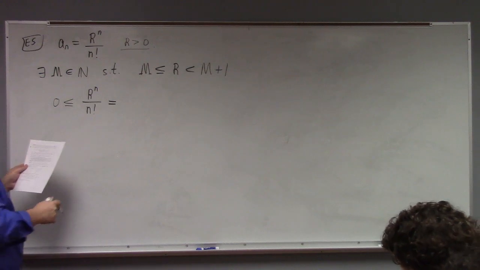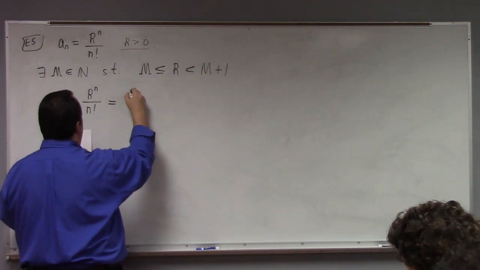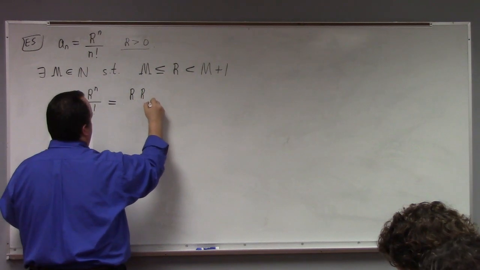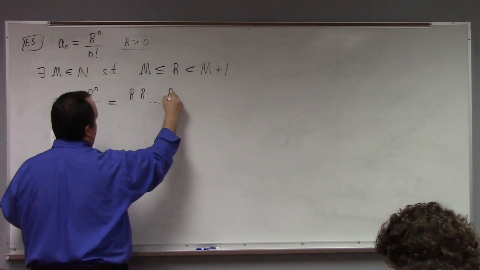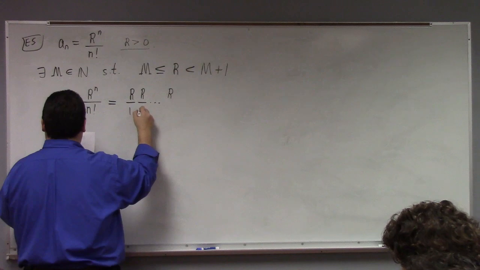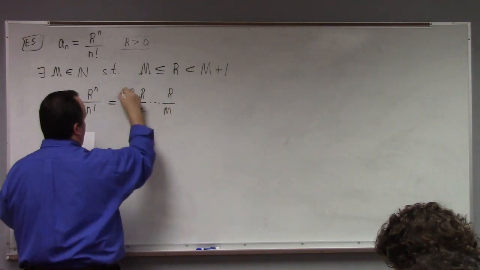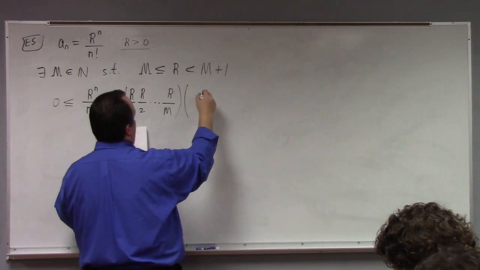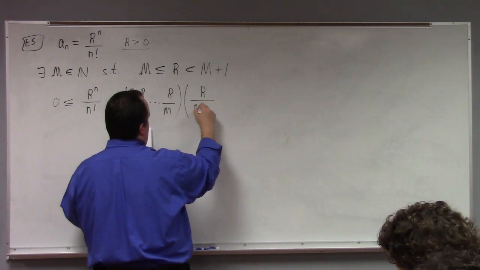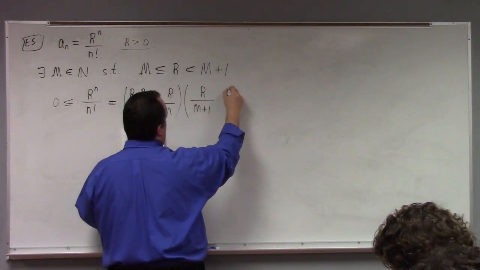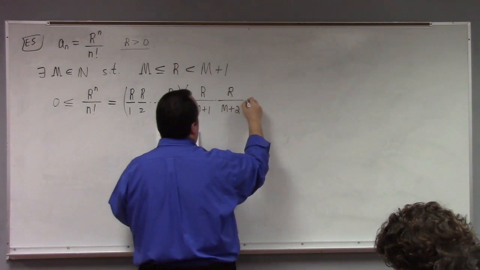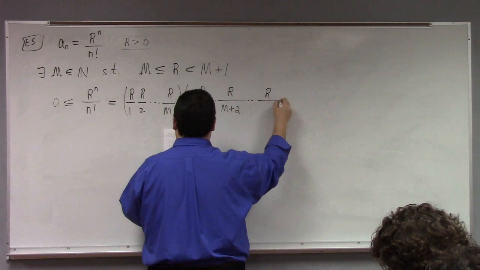And if you look at that, we have r times r, dot, dot, dot, times r over 1 over 2 over m, all right? And then we have r over m plus 1, r over m plus 2, dot, dot, dot, r over n.